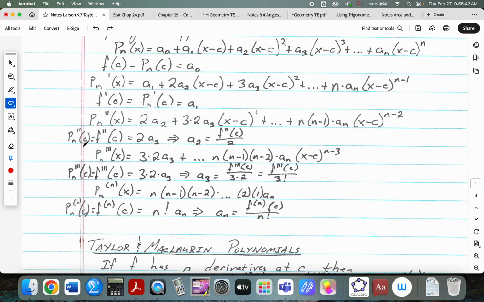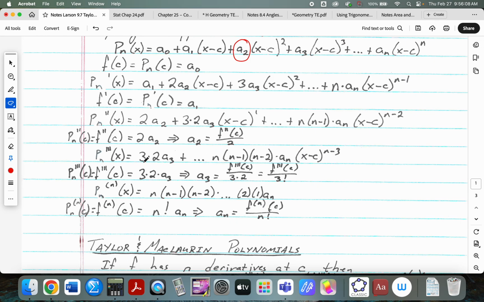So the second derivative of f at c is going to be 2 times a sub 2. So a sub 2 is going to be equal to the second derivative at c divided by 2. That's going to be my quadratic part's coefficient.